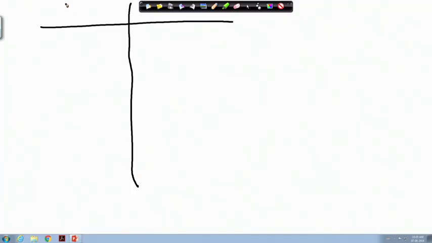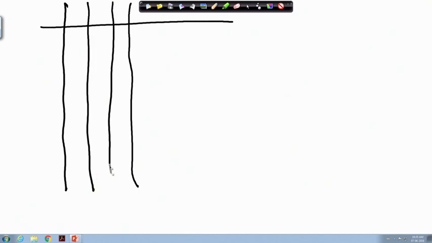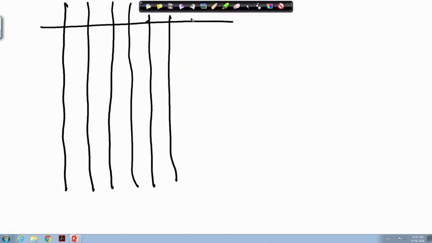Now, instead of doing that, there is another way of doing it. What is that? For that, I have to draw the whole table again, that is A3, A2, A1, A0. Here this is S3, S2, S1 and S0.